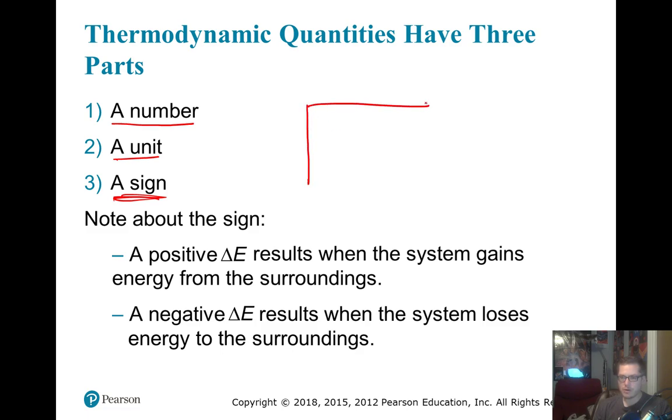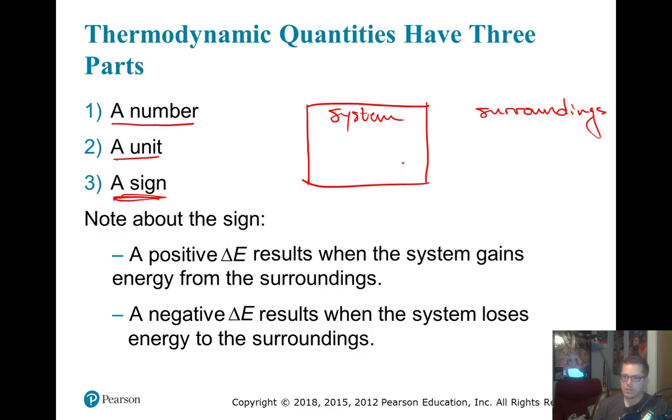Remember, just a couple slides ago, we talked about this idea of the system. And here's our system, and the surroundings. And remember, it's very hard to measure the magnitude of the internal energy. Essentially, we don't really care about it because it's hard or impossible to measure.